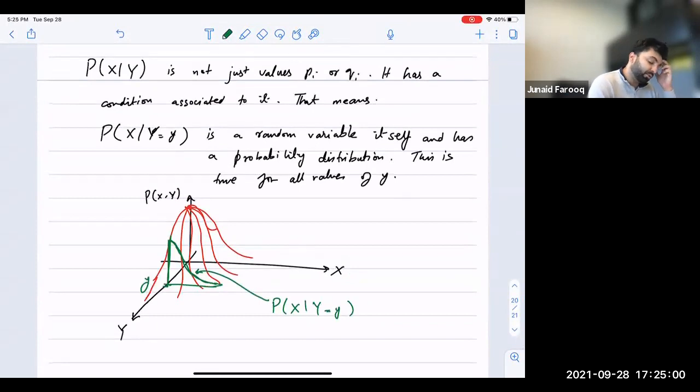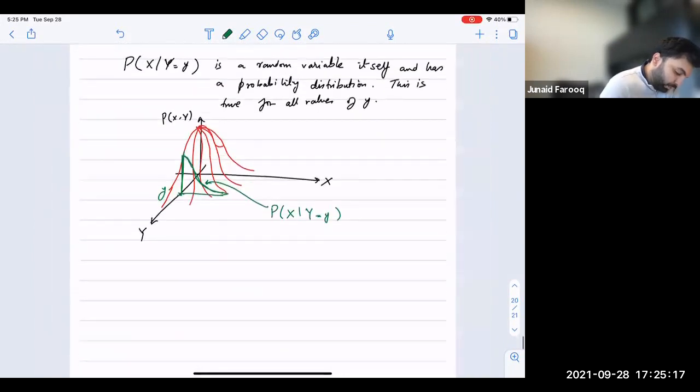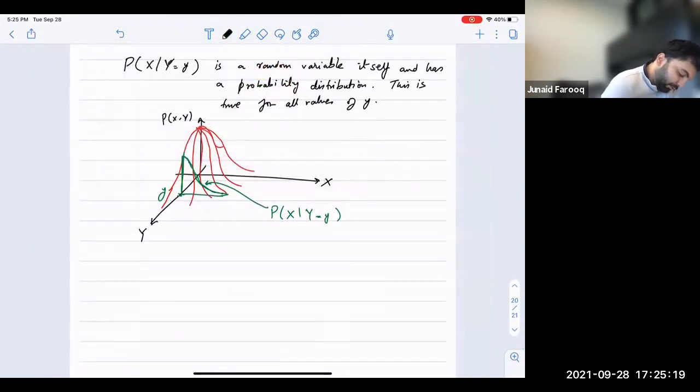Actually, this is a continuous example, but just to illustrate the idea: you slice off the joint density, you will get a distribution in one dimension. So the idea is to use the x given y equals y to get to h of x given y equals y.